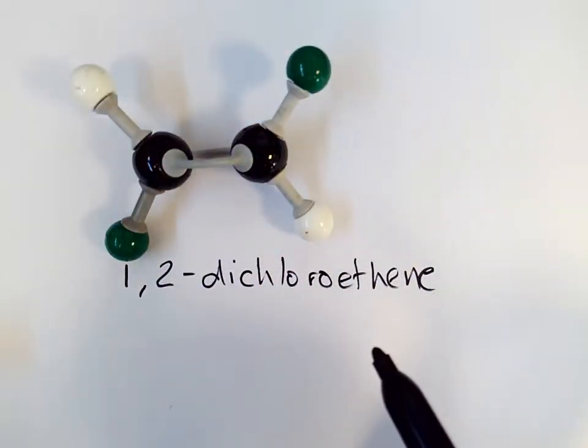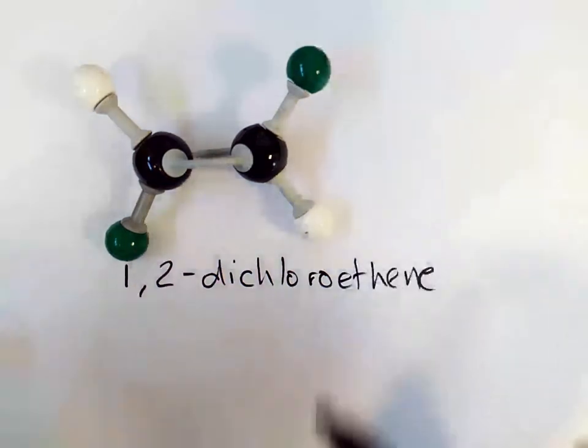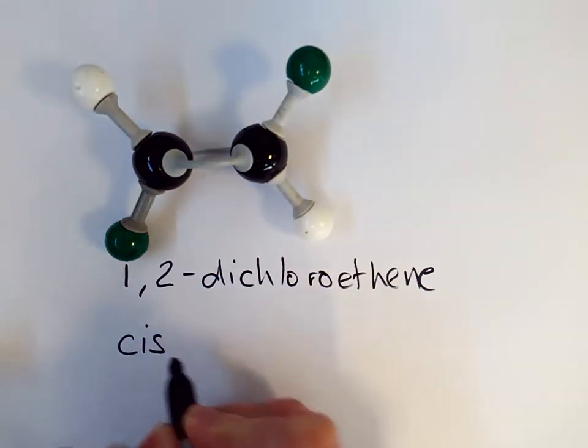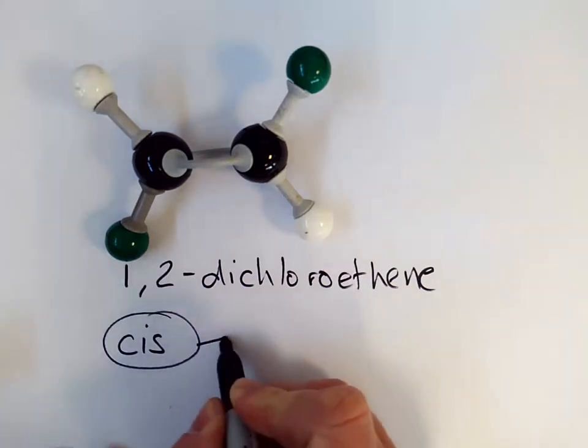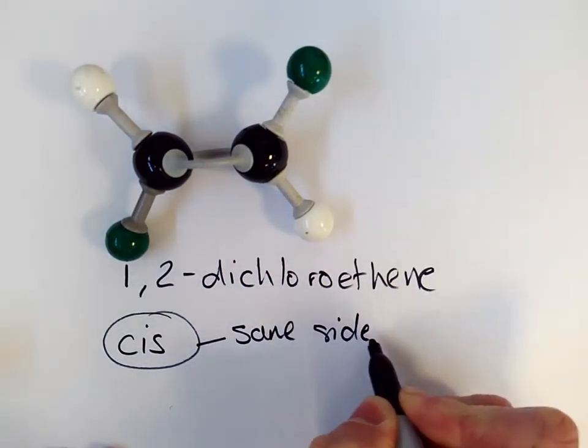So with this molecule, because we've got the same group either on the opposite sides or the same sides of the double bond, we can use a really simple piece of notation called cis-trans notation. And what we find is that if we use the word cis, it means that they are on the same side of the double bond.